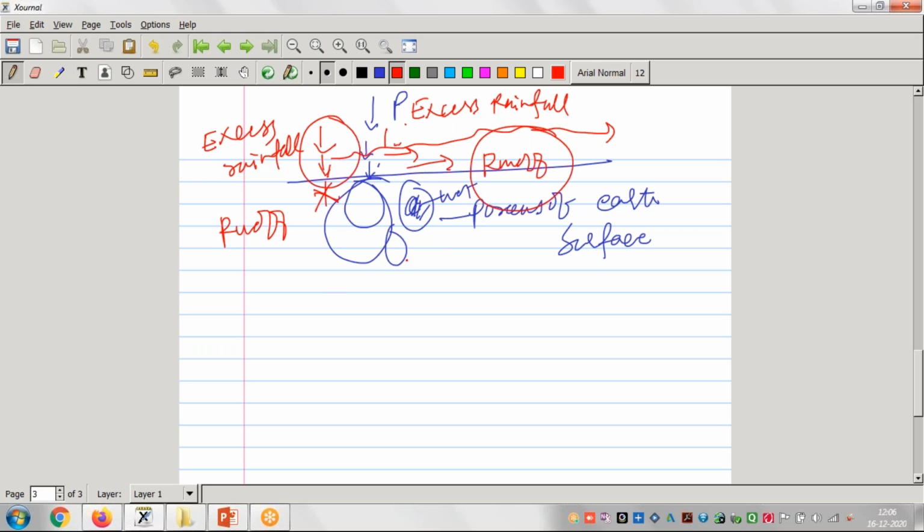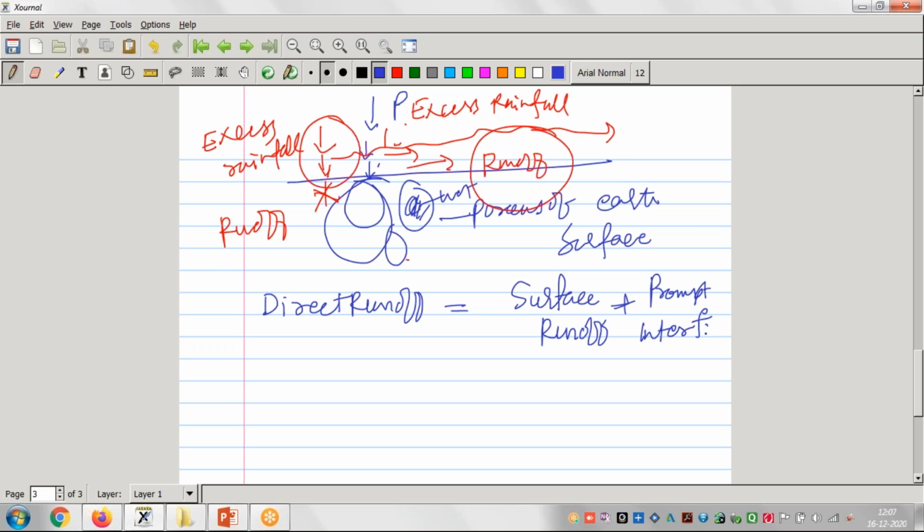This direct runoff is equal to the surface runoff plus the prompt interflow. We have seen this already earlier.